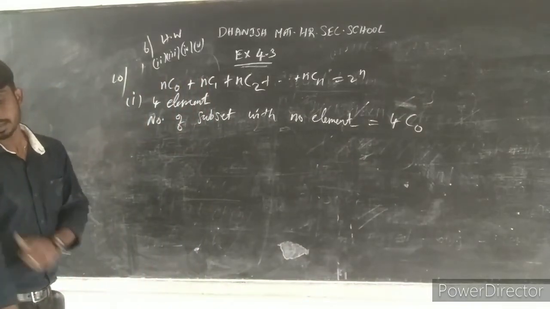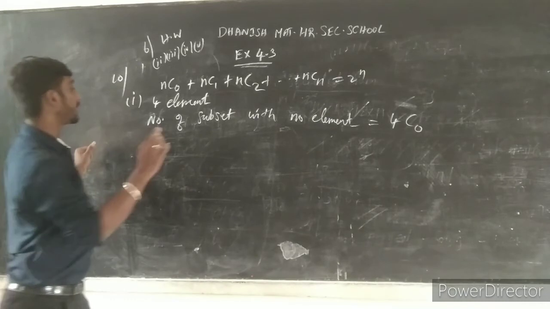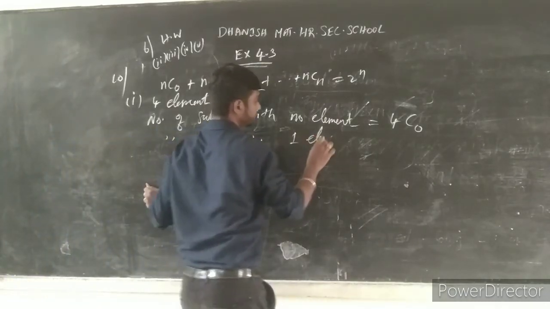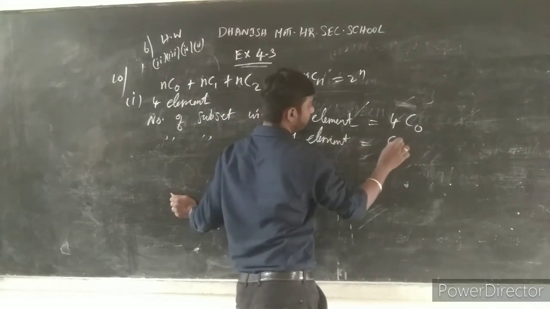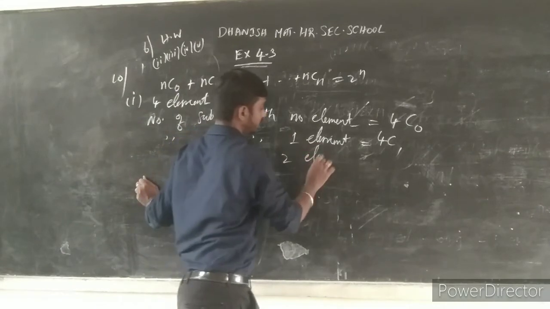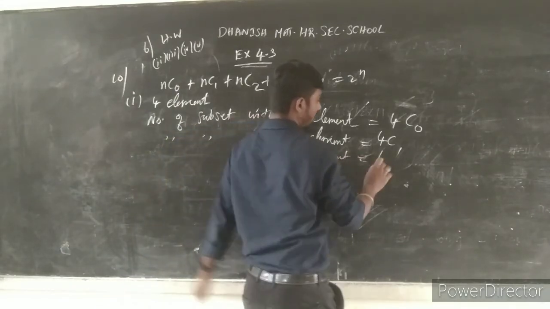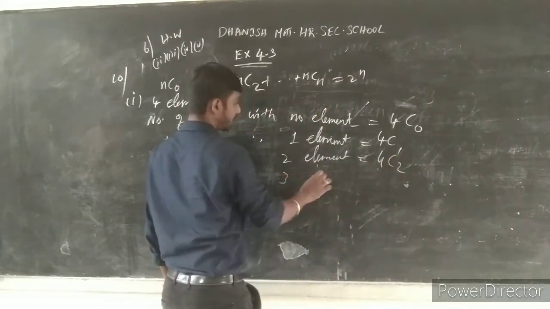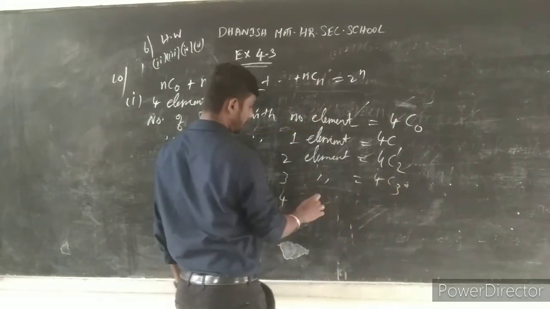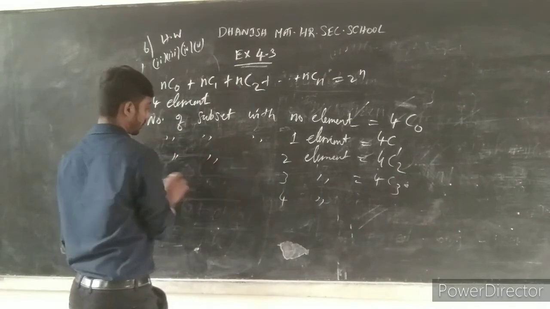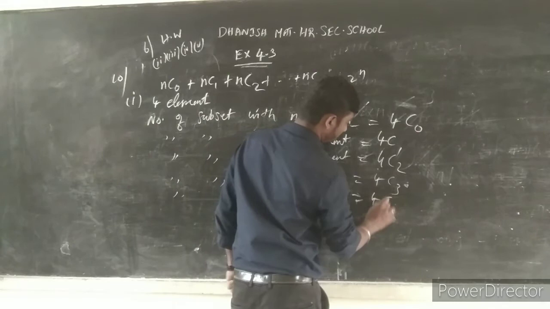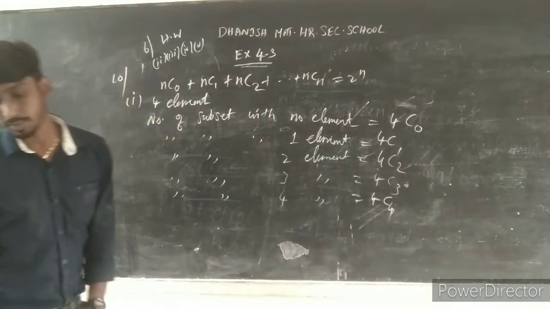Number of subsets with one element is 4C1. Then with 2 elements, 4C2; 3 elements, 4C3; 4 elements, 4C4.